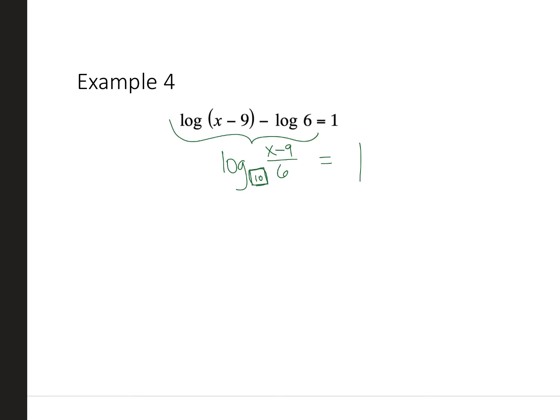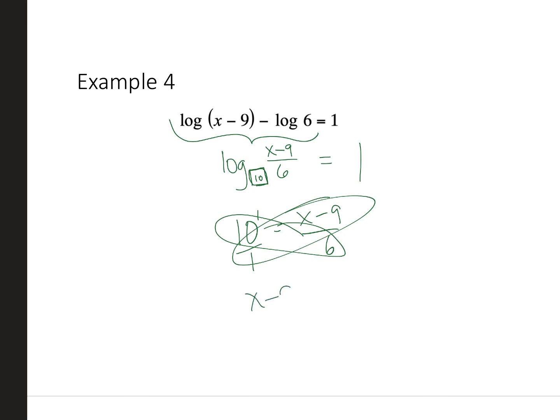And now I'm going to take this entire equation out of log form and put it into exponential form. And if I put a 1 under this 10, I can cross multiply and solve this thing. I'll get x minus 9 equals 60.